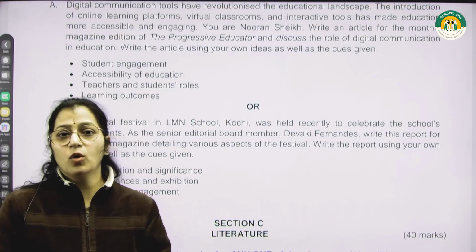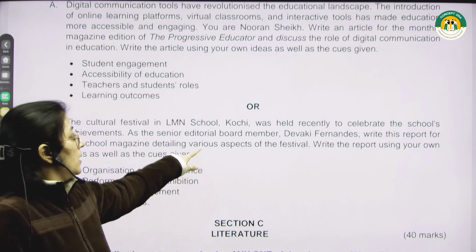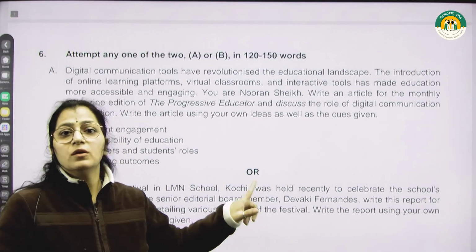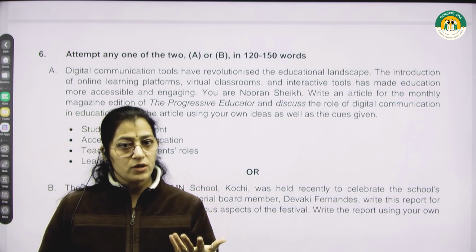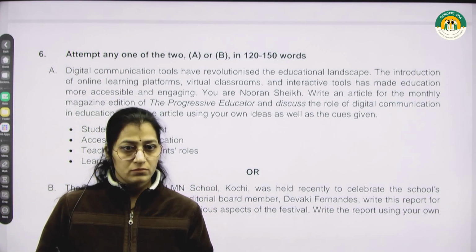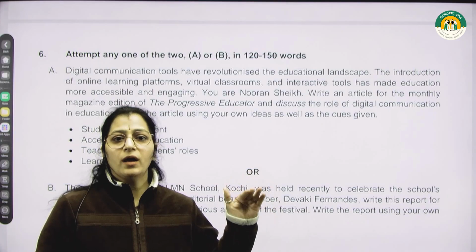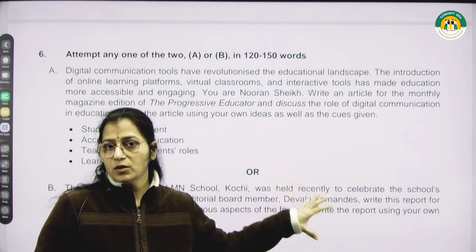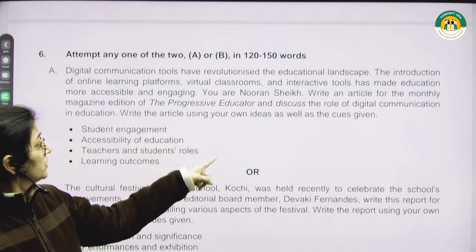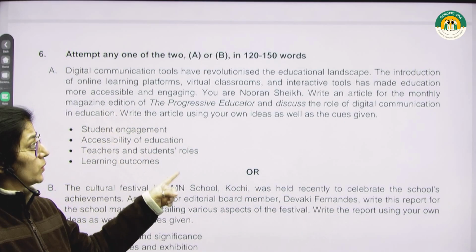So again, long extended writing carries 5 marks. But format is very important. While you are drafting your answer, don't forget to follow the format. Then you have to follow the content which is being asked in the question. So what is the question given to you?